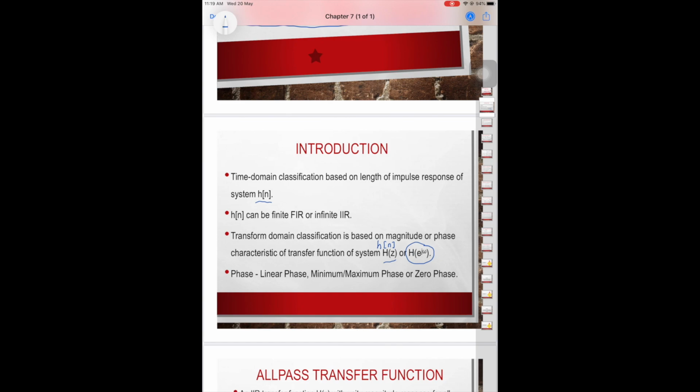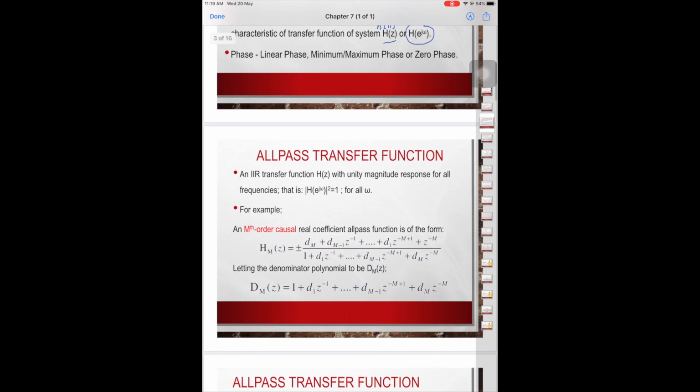Basically, in this chapter you will learn about the phase. You will see linear phase, maximum phase, minimum phase or zero phase. First, we start with the all pass transfer function. So what is an all pass transfer function?